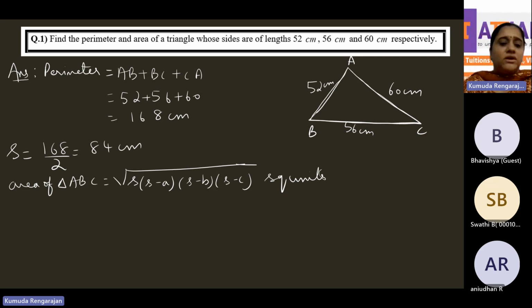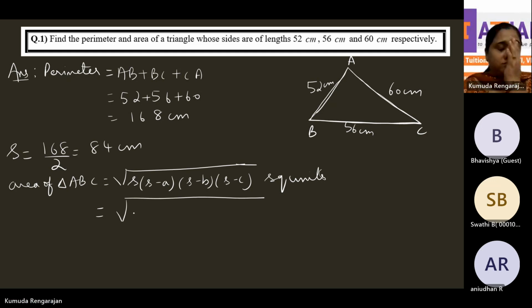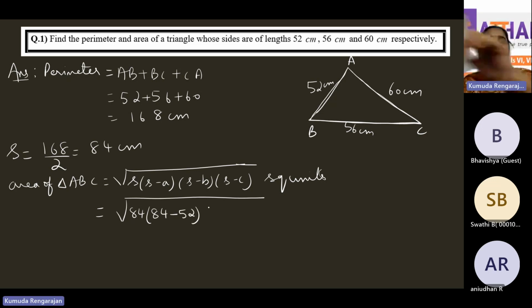All right. Now substitute the values. Ramanan, tell me, substitute the values. Fast, louder and fast. Yes, Blessy. Louder. 84 into. Yes, thank you. Continue.